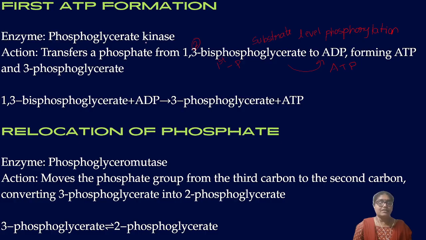Here again the enzyme kinase transfers a phosphate group from a high energy molecule to another molecule to form ATP. 1,3-bisphosphoglycerate reacts with ADP to form 3-phosphoglycerate and ATP is produced.